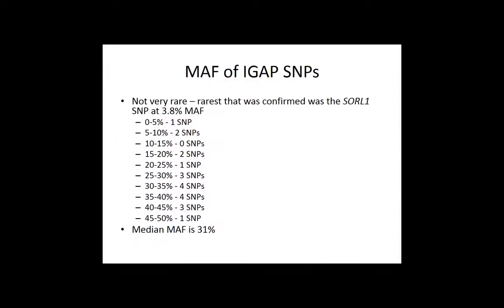I think this is really interesting. So this is the minor allele frequency for the 20 IGAP SNPs. So there's only one in the 0 to 5% range. And Allison showed that great graph from Terry Manolio's paper that shows the frequency of variants and the effect size, and sort of thinking about, hey, ApoE is a fairly common SNP with a fairly big effect size.